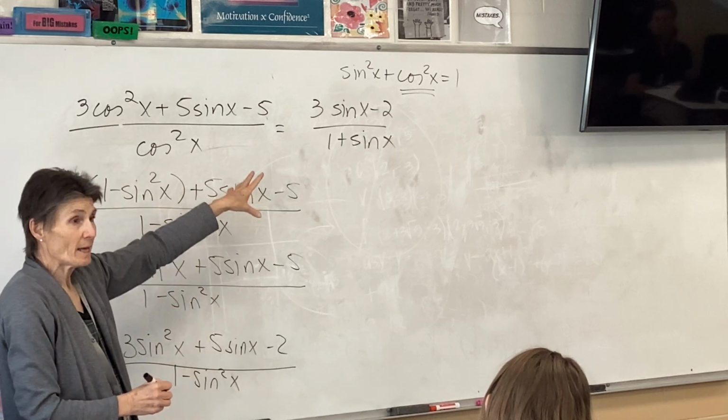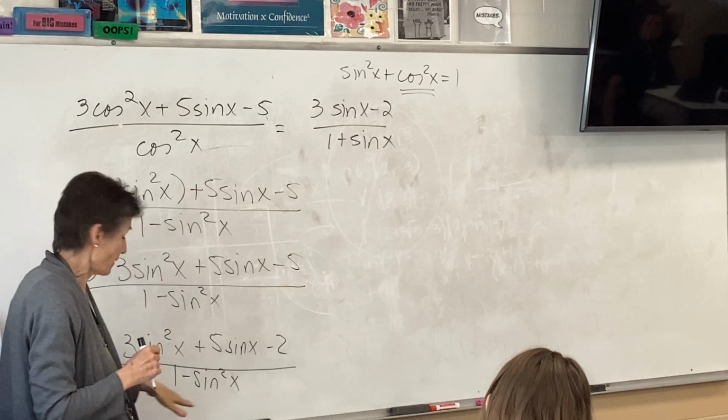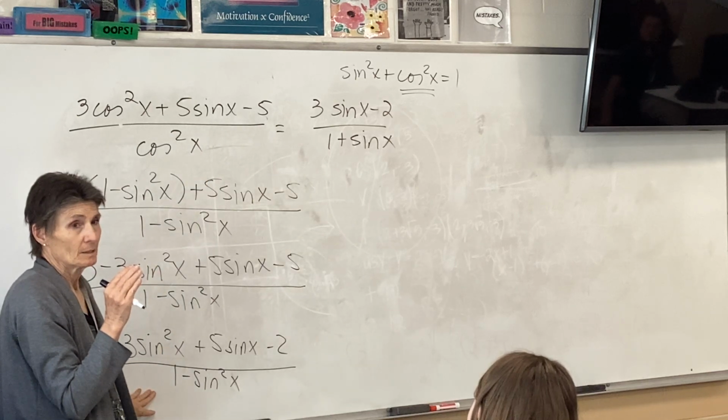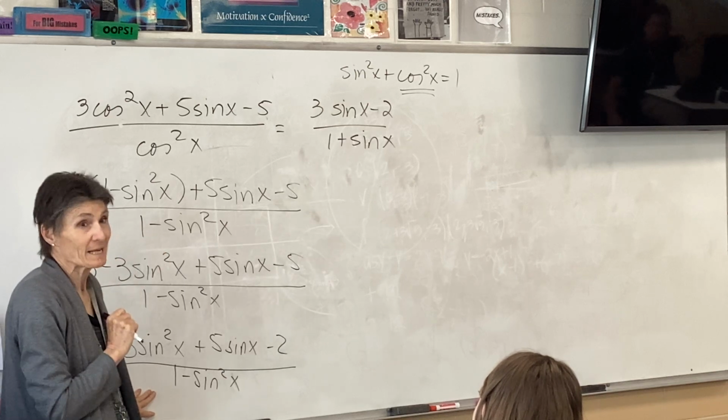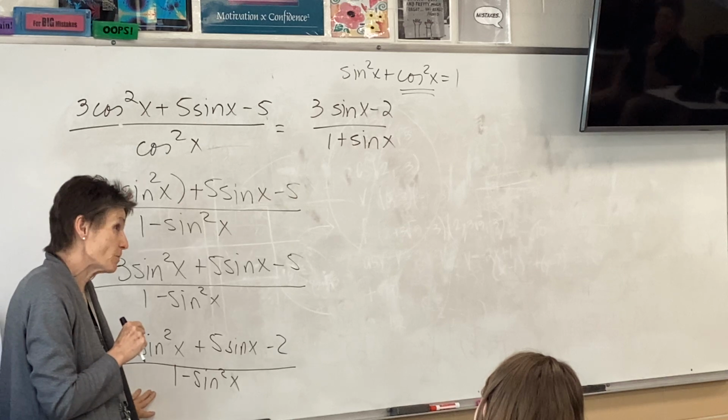Now that's where I'm headed. That is clearly smaller than this, right? So I've got to get rid of something. I get rid of things by canceling, and in order to cancel, I have to factor first.